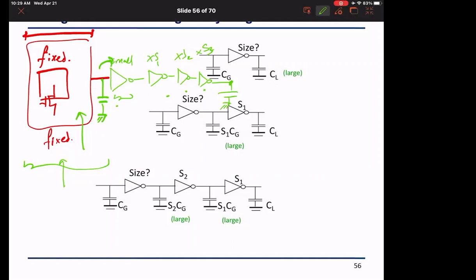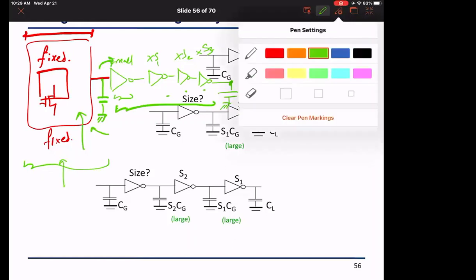My goal is that I'm adding a chain, but I want its benefit, I don't want to be hurt by it. I don't want its delay to outweigh whatever I have gained from interfacing this block with a small capacitor. So this is the objective that we have here.